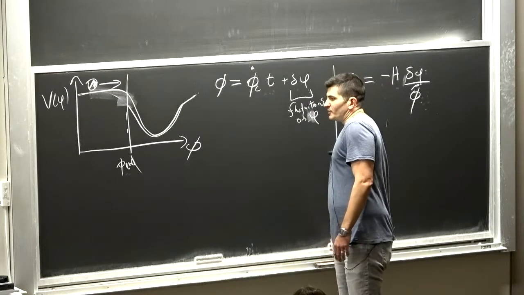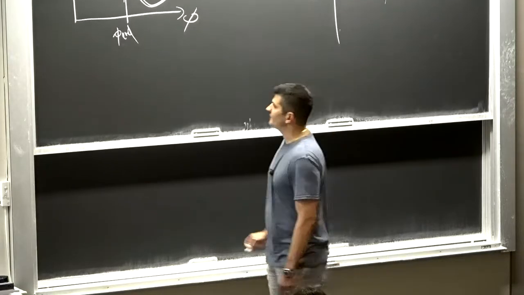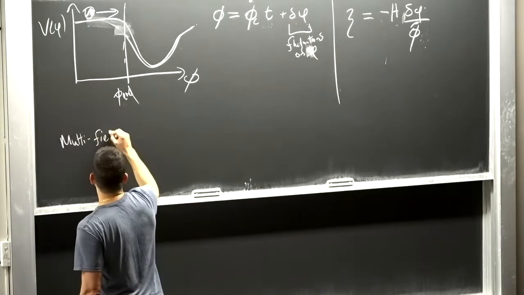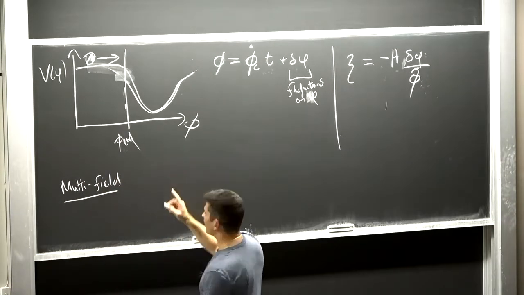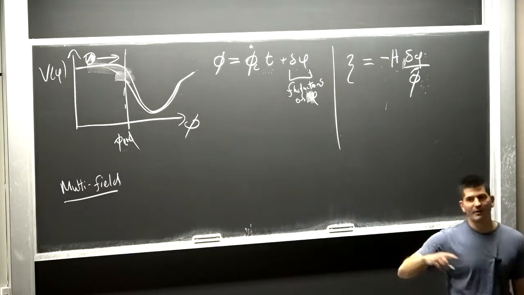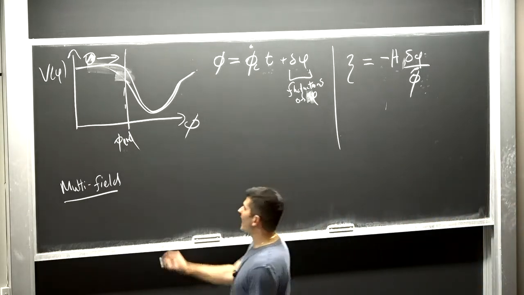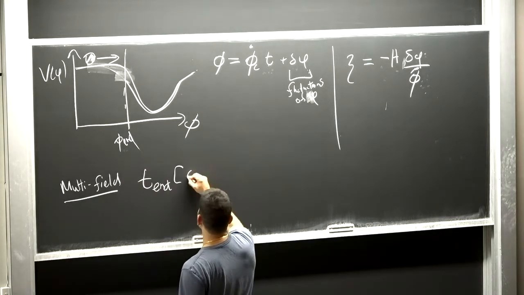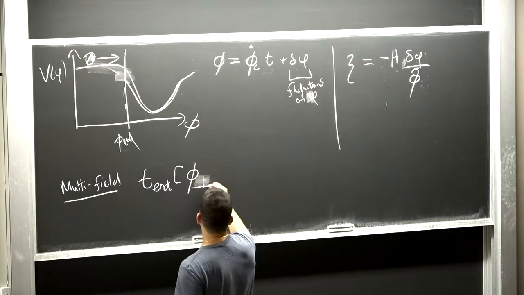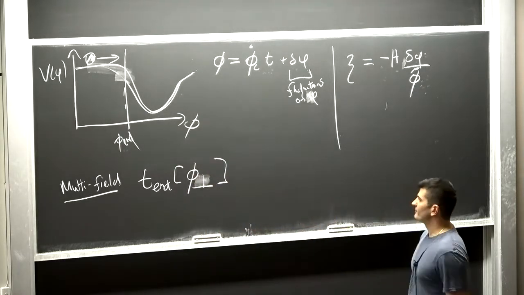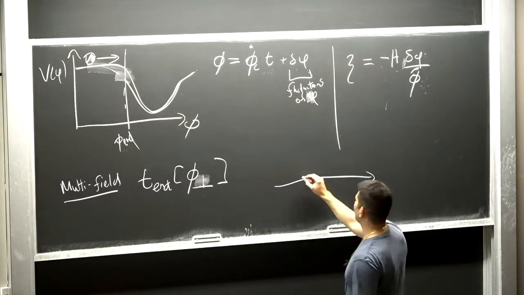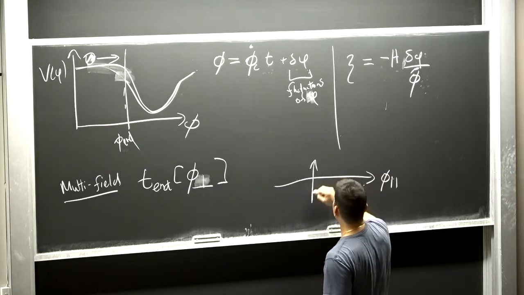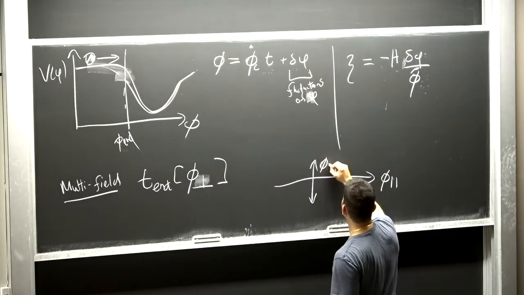Now, in principle, you can have multiple field inflation. So in multi-field, it can be much more complicated. You can just have the direction of the clock itself, but you can also have the end depend on other fields. So this t end could be a function of perpendicular directions. We'll just call those phi perpendicular. We imagine we can make our field space so that phi is rolling along some direction like this. We'll call it phi parallel. And then there can be all kinds of fluctuations in the perpendicular directions.